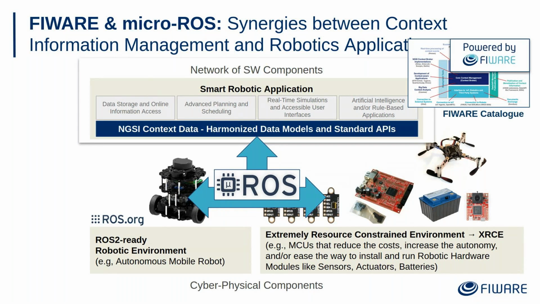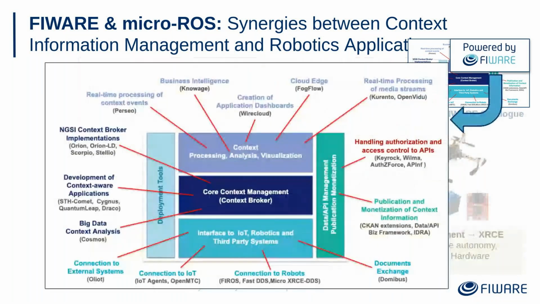Here I provide you with a more detailed view of the FIWARE catalog. As you see, the catalog is structured into 5 main chapters. Interface to IoT, robotics, and third-party systems is the chapter that is the focus today, in particular the SOSS-FIWARE agent. But you can see that a lot of features are available through the existing components.